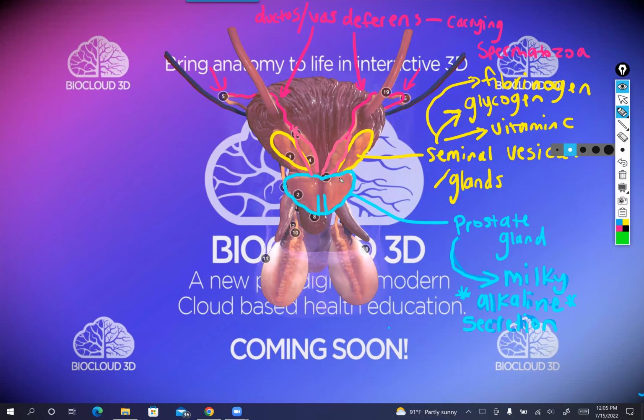And then on either side, there's this combined, I'll make it orange, combined seminal fluid and spermatozoa, seminal fluid and spermatozoa. And then those join up with the prostatic urethra, which is of course just the urethra that's running through the prostate. And then the prostate gland is able to add its contribution. Et voila, we've got a complete set of components necessary for the creation of functional semen.